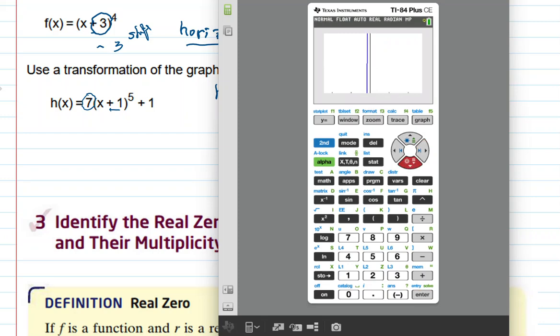Oh, darn it. I hit too soon. I didn't make my box. Zoom 6. Sorry about that. I apologize. I'll go vertically this time.